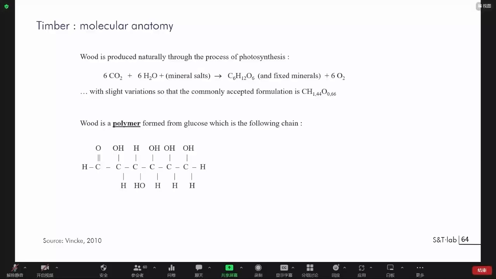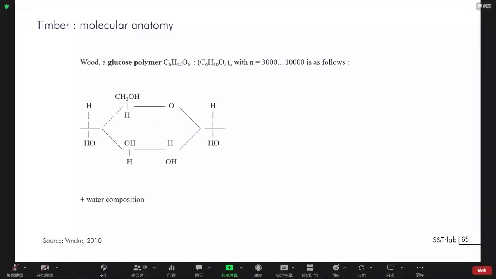So we'll have water that will be attached with a low force connection, and that means that some of the water coming into timber will be changing the molecular composition, and from then the volume of the molecule will be changed, and that's a problem for timber.